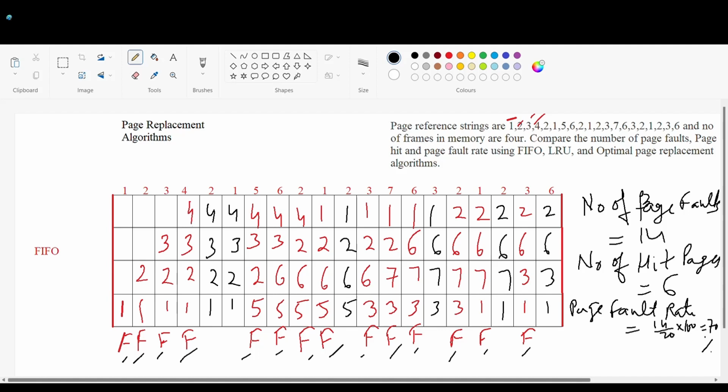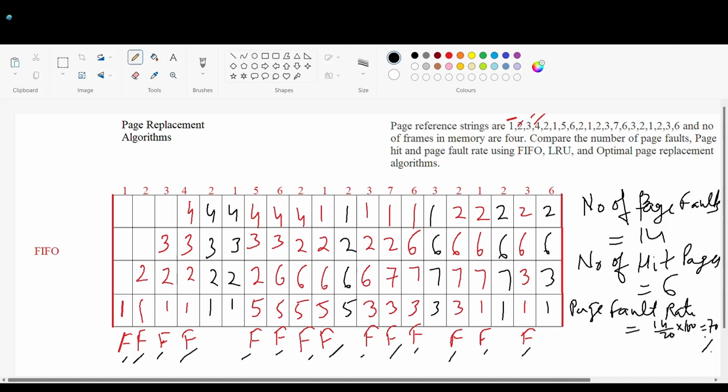So these are the page faults, okay, because these pages are not found in the memory and these pages are the requested pages. Now we upload these pages into the memory, right? Now 2 is already there, so no need to replace the page. Okay, now 1 is already there, so no need to replace the page.